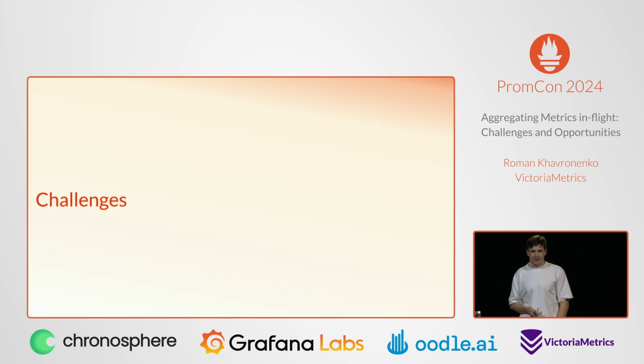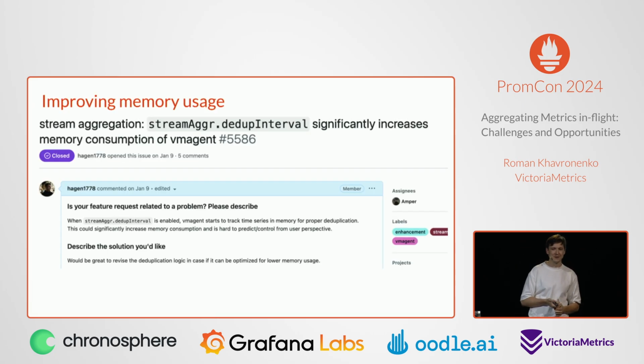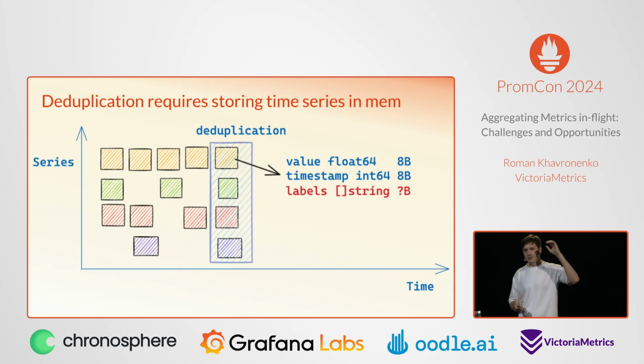What challenges did we face with stream aggregation? Well, memory usage, unfortunately, the same as I showed in Prometheus. But it showed itself only in specific cases where we had to deduplicate or calculate uniques over data with high cardinality. So basically, if you scrape 1 million unique time series, you have to store at least one sample per each series in the process memory, because you don't have access to the time series database.